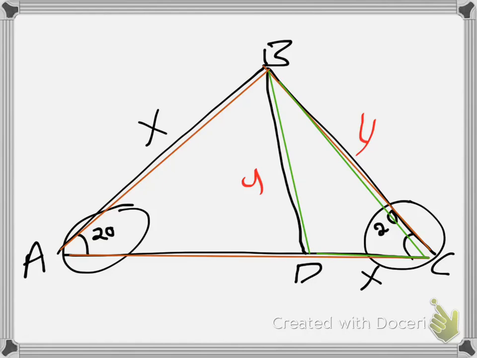And then last, this side is the same as this side on the little triangle. So you kind of have to visualize it. What I would do is I would draw two different triangles. All right, let's go back.